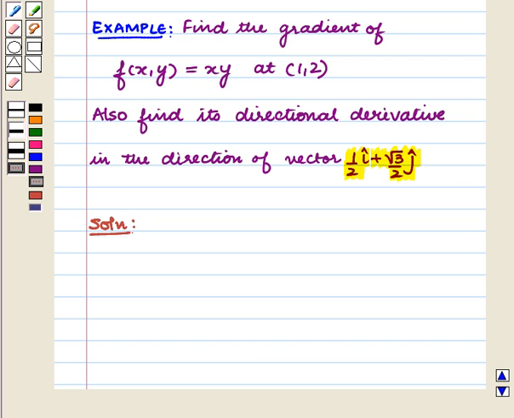So here we had already found that gradient of f is equal to 2 i cap plus j cap. So now we have to find the directional derivative of the given function in the direction of vector half i cap plus root 3 by 2 j cap. Let us denote this as vector u.